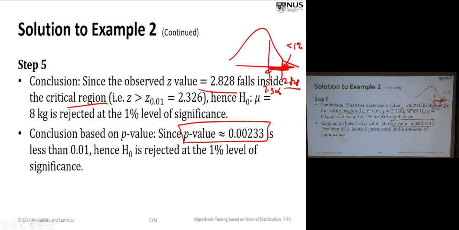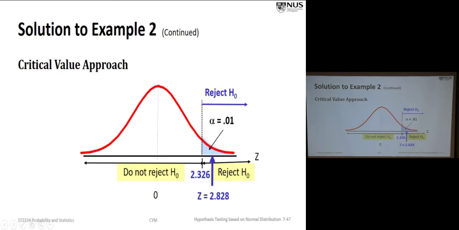Usually, when you reject the null hypothesis, you better state the type 1 error that you take. I make this decision, and I take the chance of 1%. There is a 1% chance that I make a mistake with this decision. That's the level of significance. So this is the picture to illustrate: z equal to 2.828, just the one that I showed you.